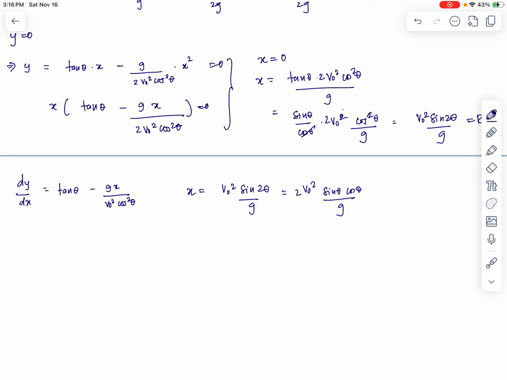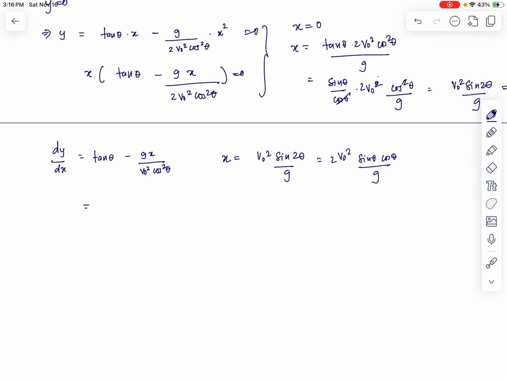So dy by dx at the point where the projectile hits the ground is tan theta minus 2g v0 square sine theta cosine theta divided by g, and there is already v0 square cosine square theta.